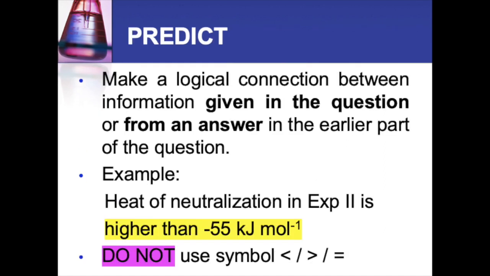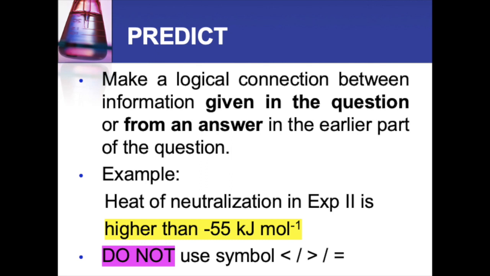Then the next word that we are going to see is the word predict. For example, maybe the previous question asked you to do a calculation for the heat of neutralization, and the answer is negative 55 kJ per mole. The next question asks you to predict when this experiment is repeated by using a certain given acid. So now you cannot simply put in any value as you like.